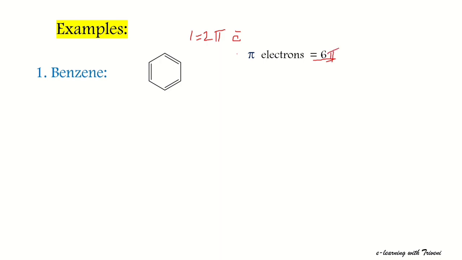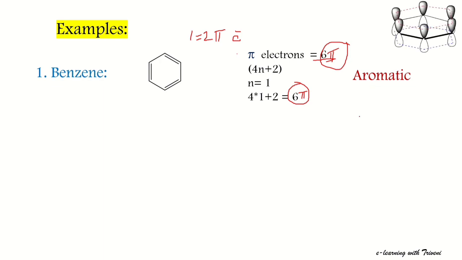When you apply the 4n plus 2 rule, here n is equal to 1, because benzene has only one ring. 4 multiplied by 1 is 4, plus 2 is equal to 6. So we got the value 6, and here also 6 pi electrons. The value is the same. That is the reason benzene is aromatic.